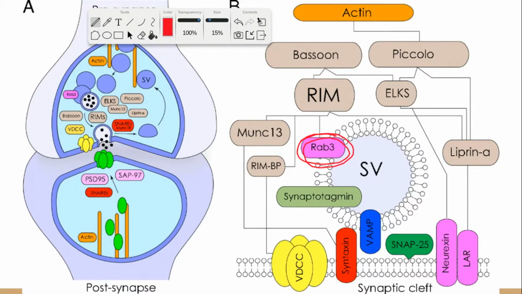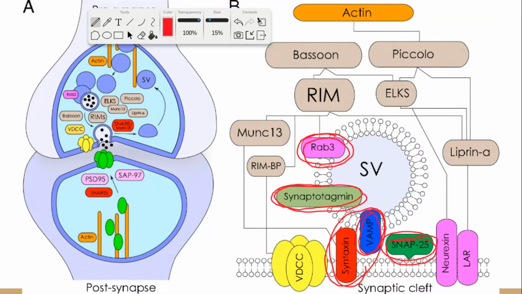We also see our calcium-sensitive synaptotagmin right here, bound to our vesicle. We see our t-SNAREs also, syntaxin, and VAMP would be synaptobrevin, and our other t-SNARE, SNAP25.